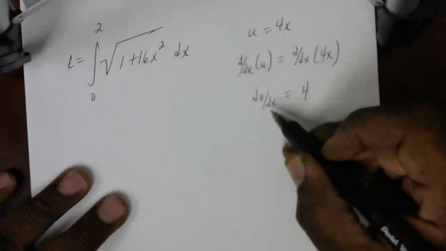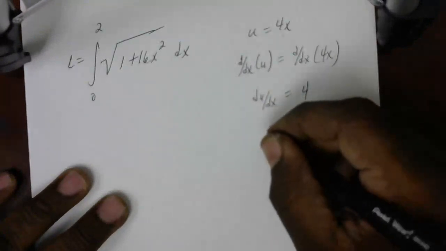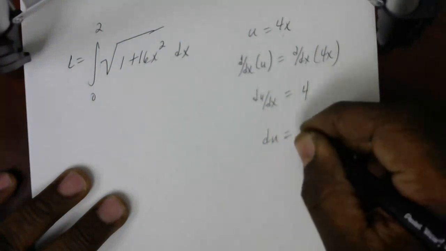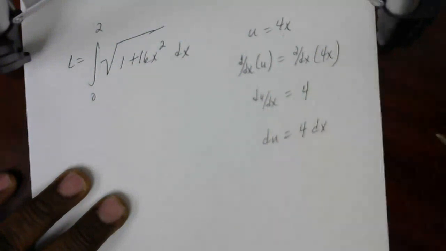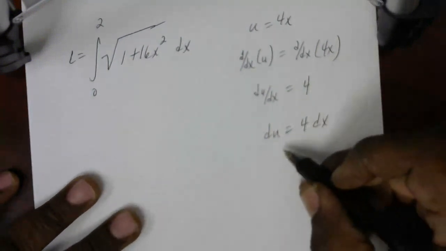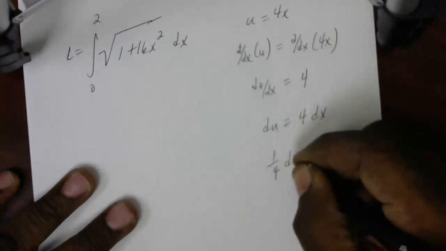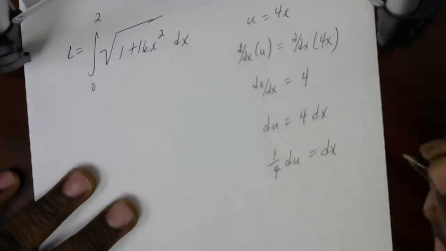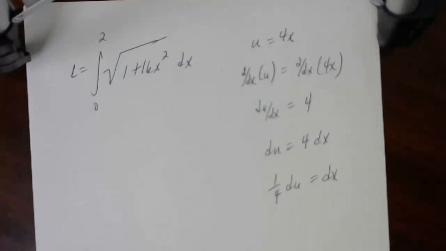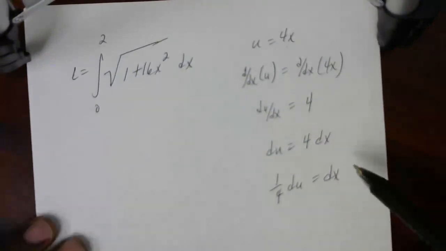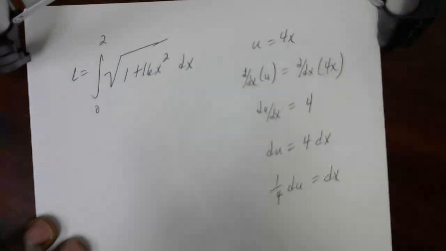I'm going to multiply both sides by dx, and I'm going to divide both sides by 4. So 1/4 du is equal to dx. So what will this allow me to do?